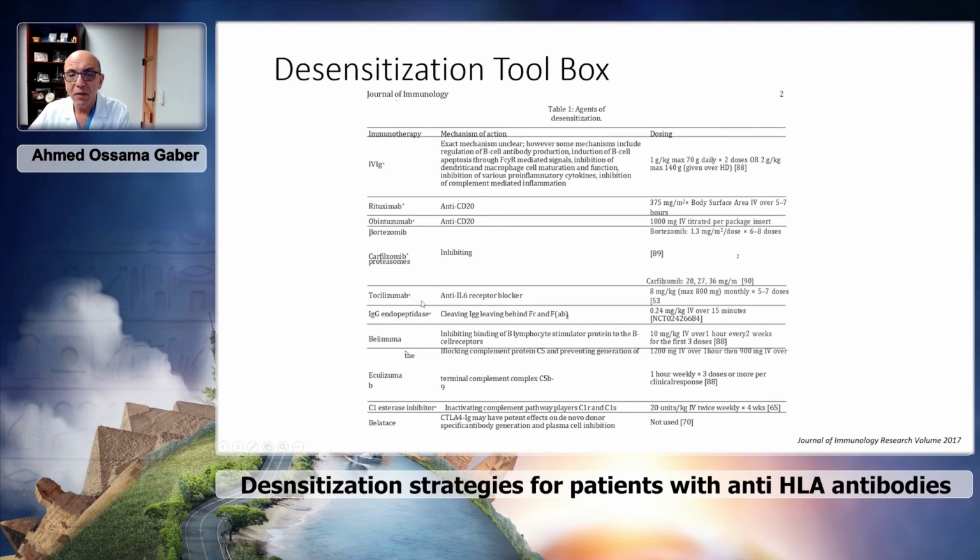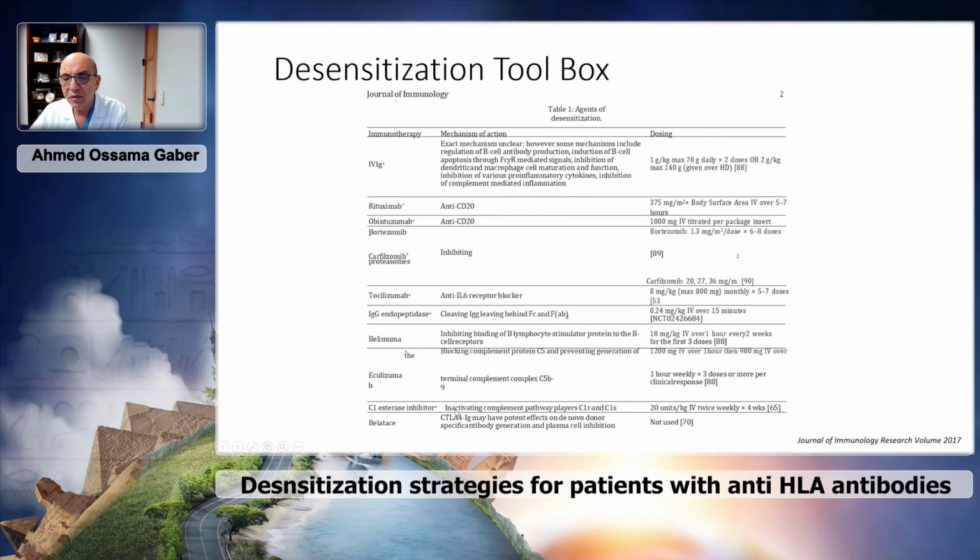I talked briefly about tocilizumab, which is an anti-IL-6, the IgG endopeptidases, and that cleaves the IgGs. Of course, belimumab, which is the BAFF inhibitor, eculizumab, which blocks the complement C5, and it prevents the deposition or the attack of the antibodies on the cells, so that you can use that for rescue of patients with antibody-mediated rejections.